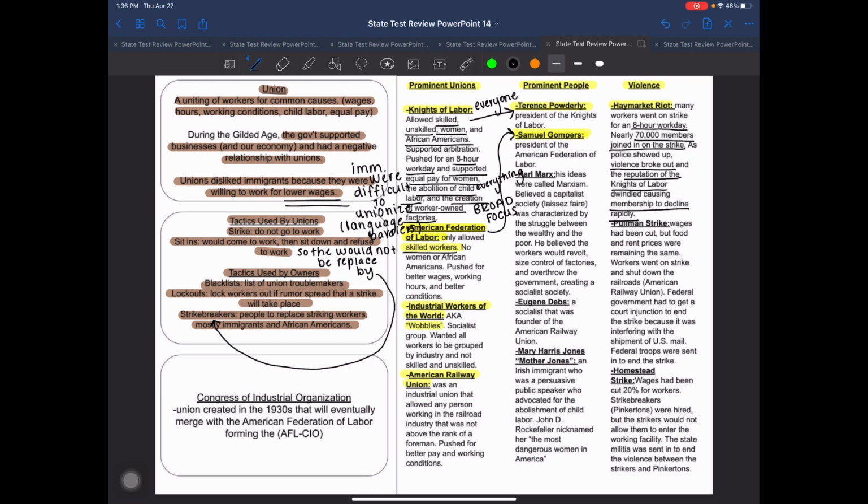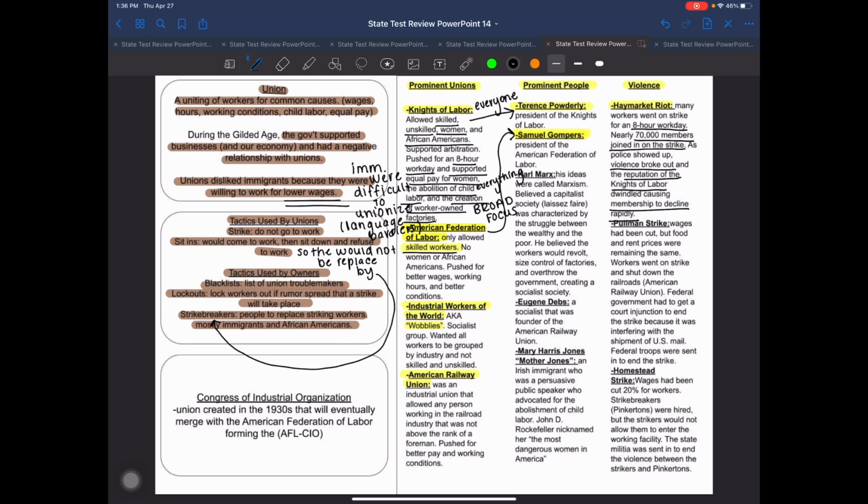If you're an unskilled worker and you threaten to go on strike, as a business owner, they're going to be like, okay, well, we'll just go find somebody else to replace you because you don't really do anything. But as a skilled worker, they can't be easily replaced. So the American Federation of Labor only allowed skilled workers. They're going to have a much more voice in change than what unskilled workers would.